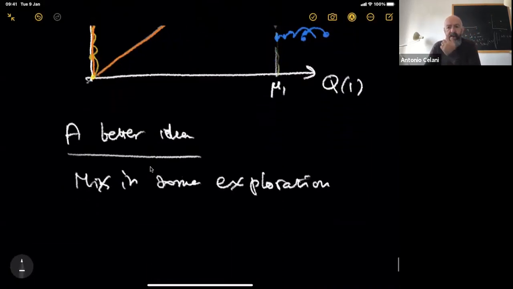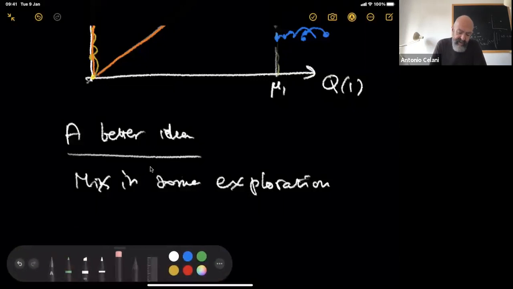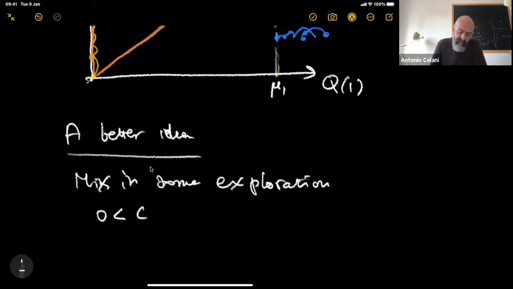How to do that? Well, one simple recipe, for instance, would be, let's define some small parameter epsilon comprised between 0 and 1, which we're going to call our exploration rate.